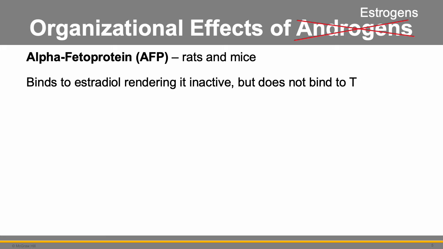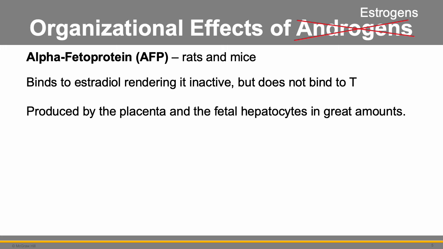When estradiol is bound to AFP, this complex cannot pass the blood-brain barrier, so it can't enter the nervous system. Even if it could, though, estradiol is bound up and is unable to connect with estrogen receptors. So it would still be inactive even if it could cross the blood-brain barrier.